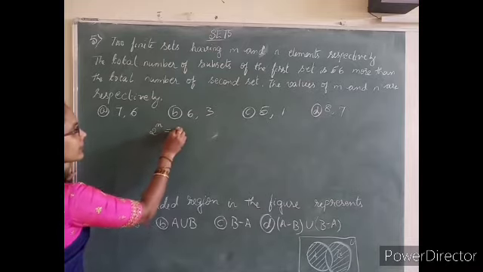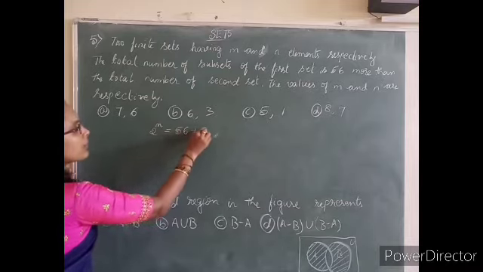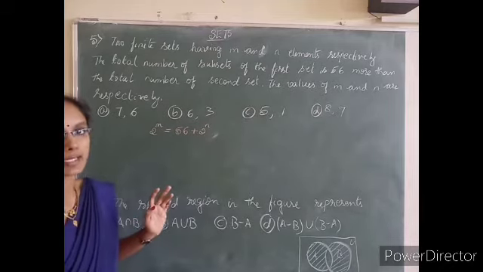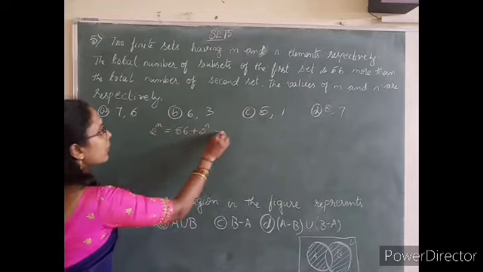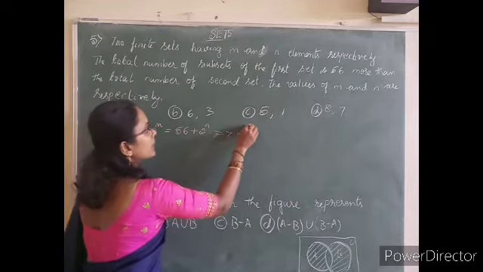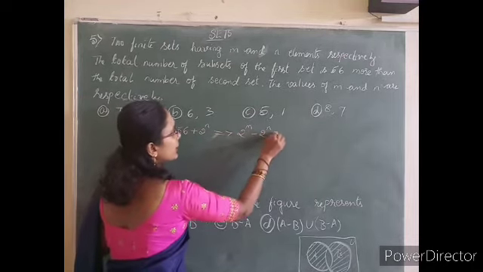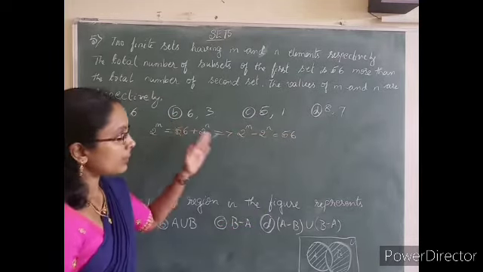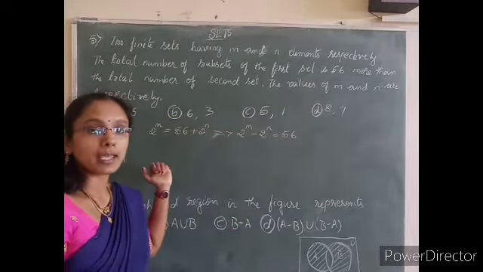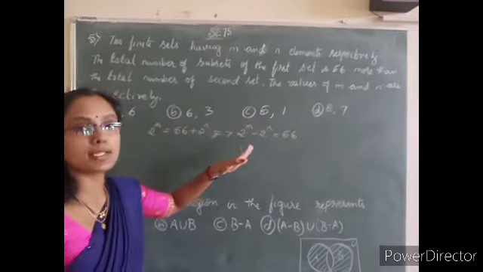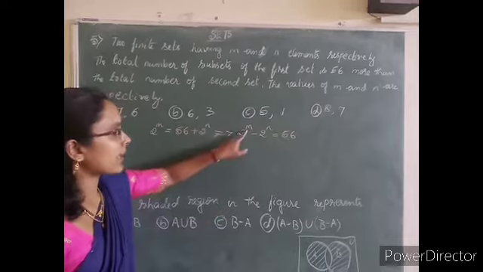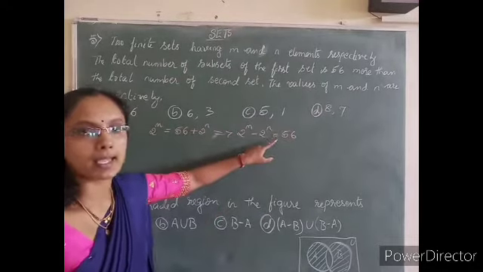That is 56 more than the number of subsets of the second set, which has n elements. So 2 to the power m minus 2 to the power n is equal to 56. That means m should be greater than n here.